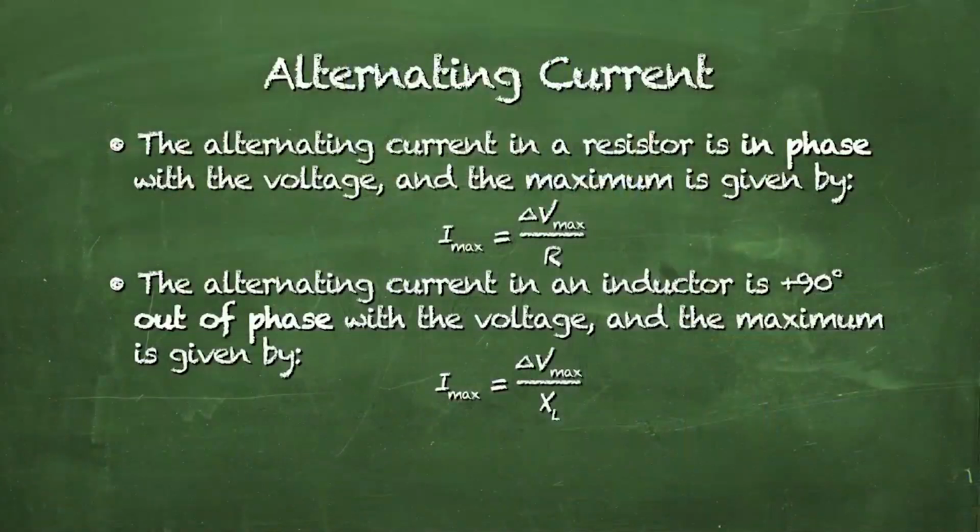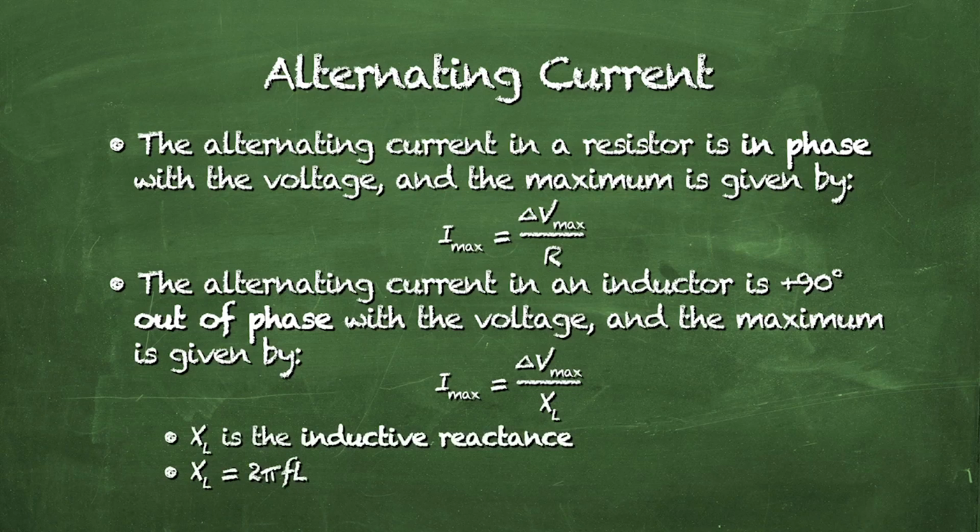The alternating current in an inductor is positive 90 degrees out of phase with the voltage, and the maximum current is given by I max is equal to delta V max divided by X sub L. X sub L is called the inductive reactance.